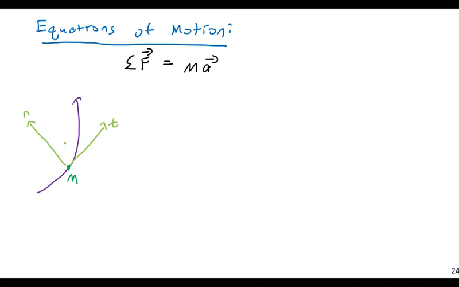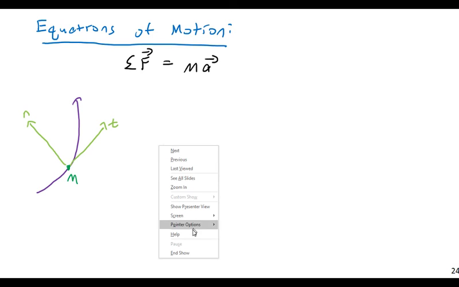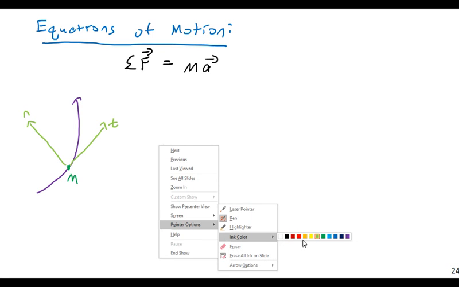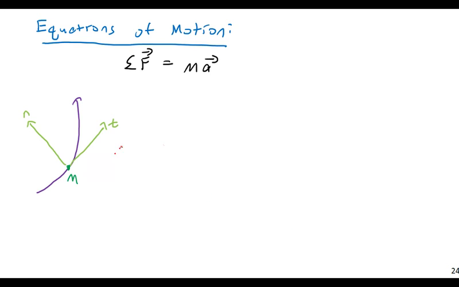It is pointing toward the center of motion. And then along each of those, I could have a summation of forces: the summation of forces along the tangential direction, and the summation of forces along the normal direction.